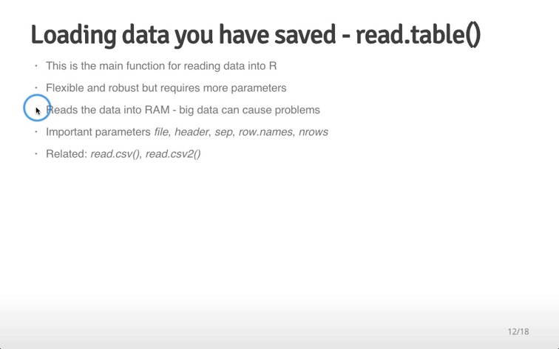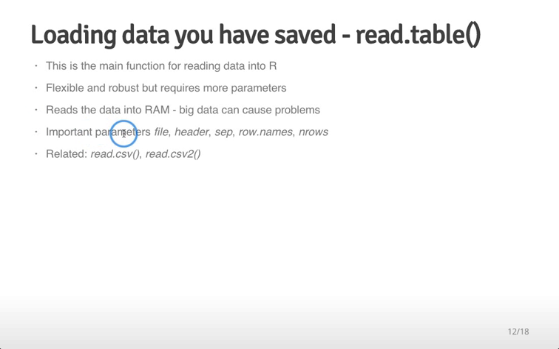Something to remember about R in general is that the data is being read into RAM. That means the amount of RAM on your computer is a limit to how much data you can load into R. There are a number of different ways that you can deal with bigger data, and I'll reference a few of those later, but for the purposes of this class, we'll generally be dealing with data sets that shouldn't cause a problem in terms of loading into RAM.